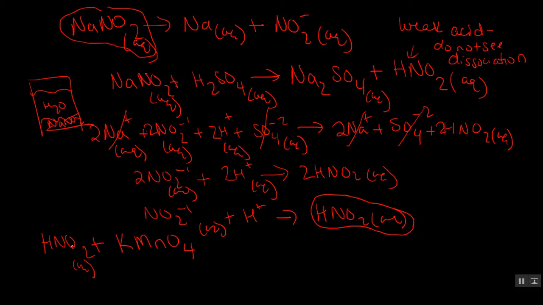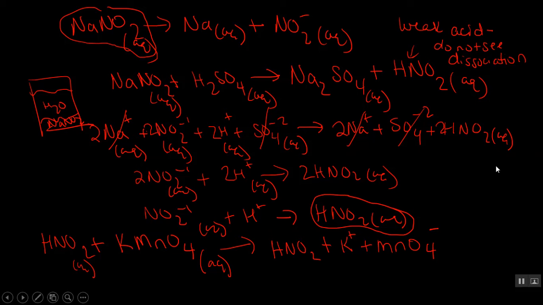Nitrous acid is a weak acid, so it doesn't dissociate well, but the potassium permanganate does, so it becomes K+ and MnO4-.